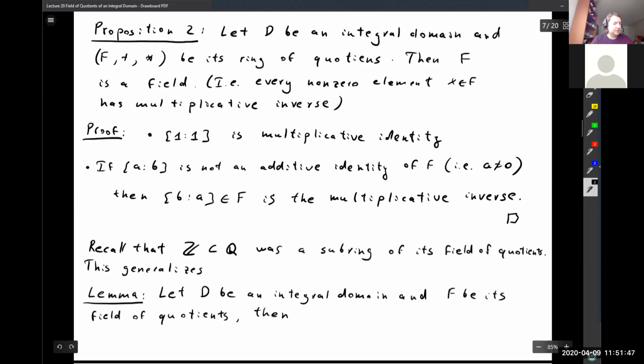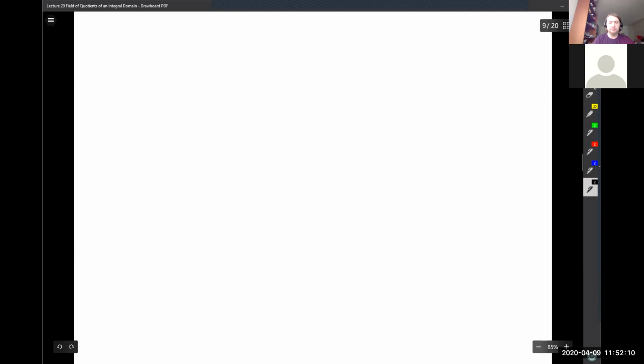Then the following map I from D to F, given by I of A equal to A over 1, is an injective ring homomorphism.